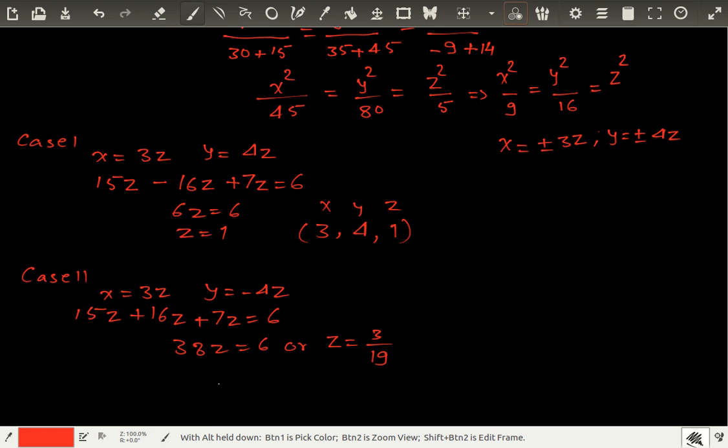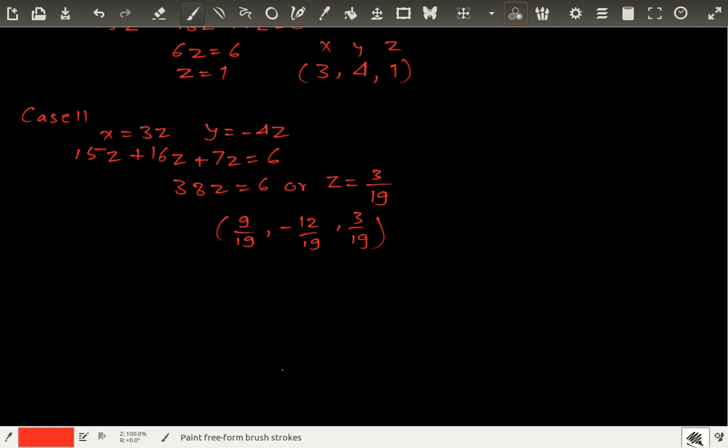So for case 2, the solutions will be, x is equal to 3z, so this will be 9 by 19, y is minus 4z, so minus 12 by 19, and z is equal to 3 by 19. So this is the second solution.